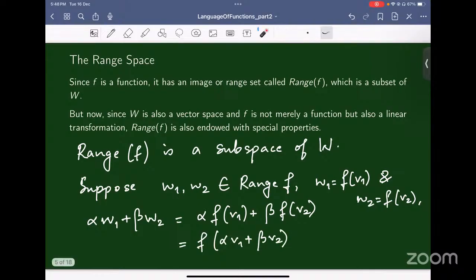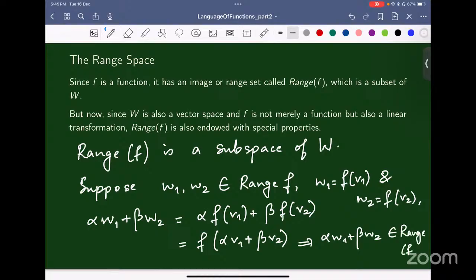And so we have written the term alpha w1 plus beta w2 as f applied to alpha v1 plus beta v2. This implies that alpha w1 plus beta w2 also belongs to the range of f. Thus, range of f is a subspace.